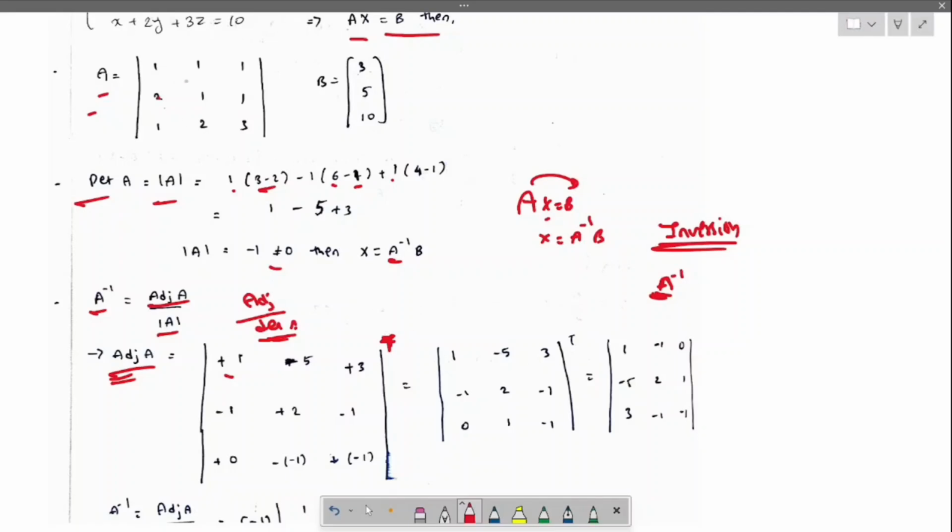Here the sign format is plus, minus, plus, minus, plus, minus, plus, minus, plus. For the first value, simply keep the determinant values like 1, 5, 3.